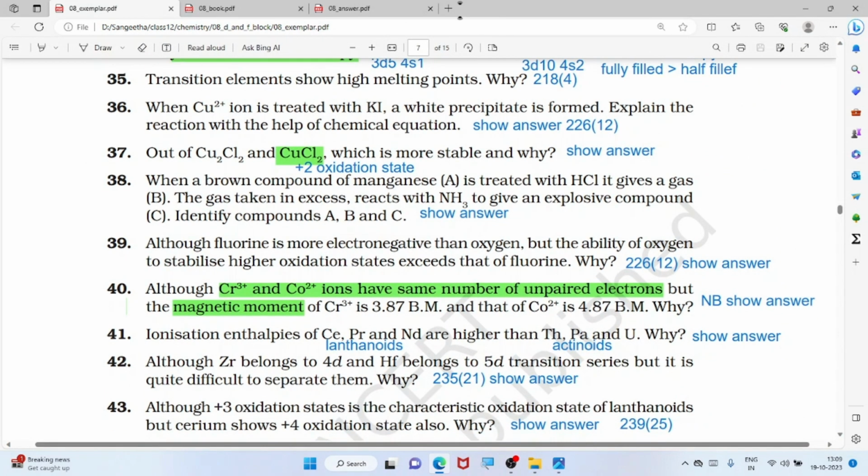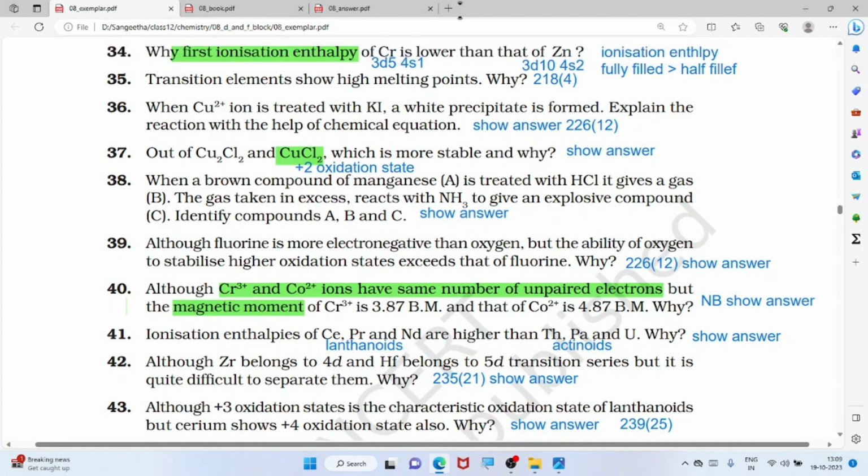Out of CuCl and CuCl2, which is more stable? Why? This is the oxidation state of +2. I already told you how to find the oxidation state of the compounds, so you have to go through the redox reactions chapter in class 11.